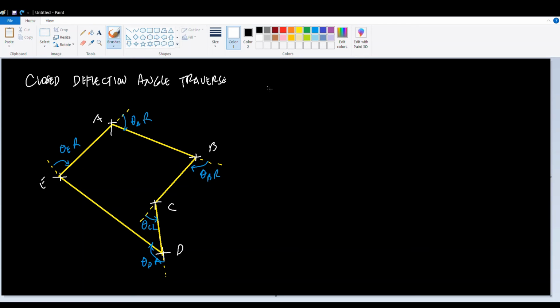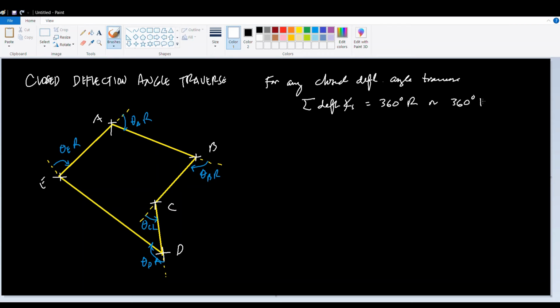So as mentioned earlier, for any closed deflection angle traverse, the sum of the deflection angles must equal 360 degrees right or 360 degrees left. So right deflection angles are positive and left deflection angles are negative.